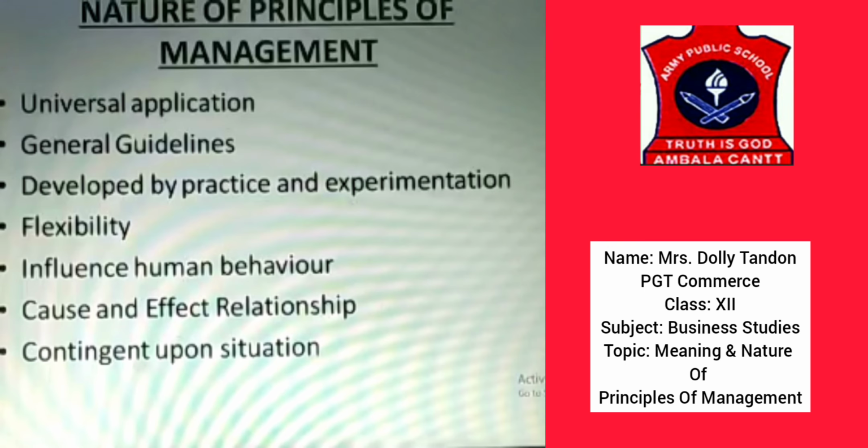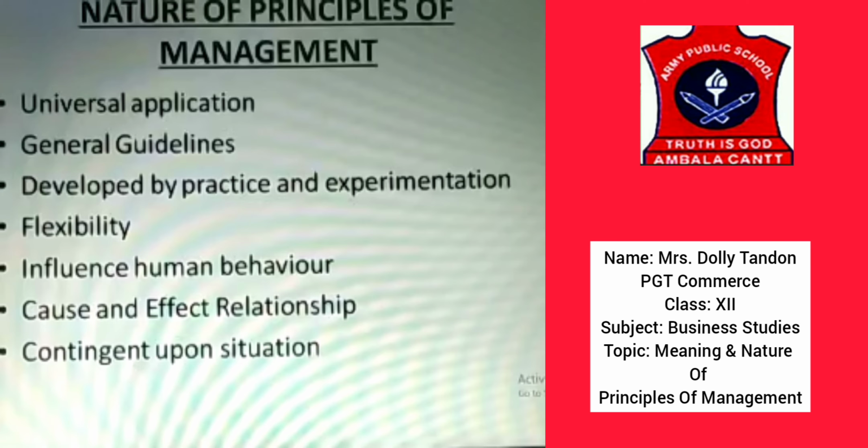Next one is cause and effect relationship. There is a cause and effect relationship in some management principles. Let's explain with an example. If we say principle of division of labor leads to specialization and increases efficiency, then division of labor is the cause and efficiency is its effect.